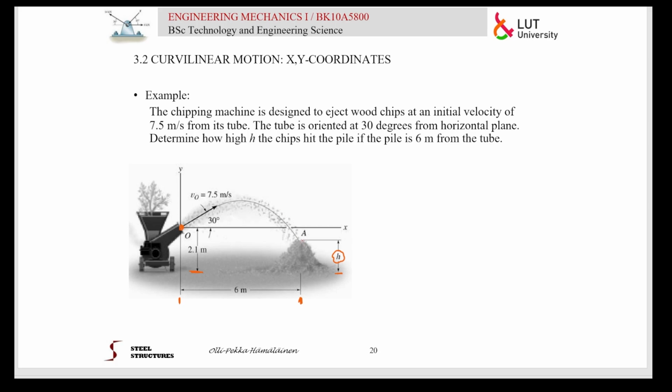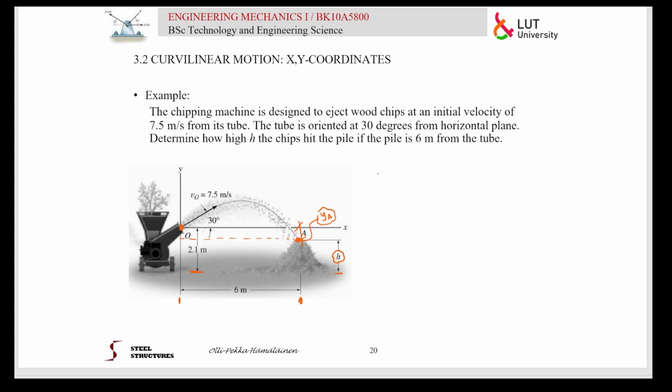But what they're asking me is the y position in A. So they're asking me h, but what I need to find is ya, this position here at point A, the vertical position, which is this one here. And by having this position, I then get to know h.